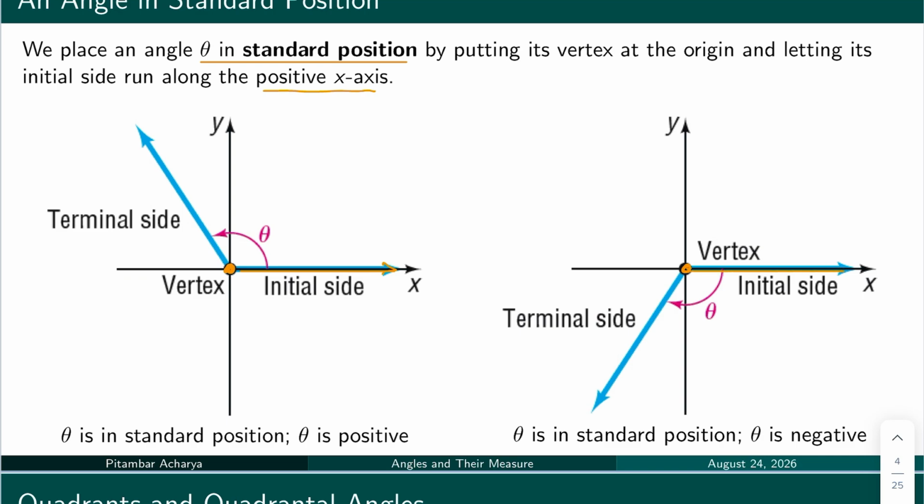The terminal side can be in any quadrant. If the angle is defined in this fashion, then we say the angle is in standard position. Here the angle is counterclockwise, so theta is positive. Here the angle is in clockwise direction, so theta is negative.